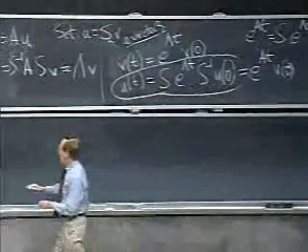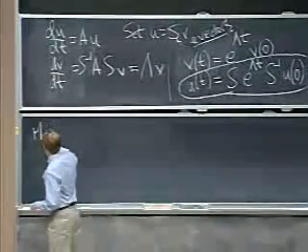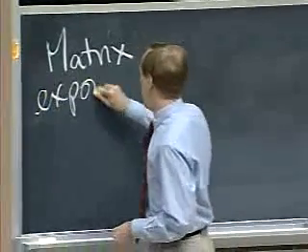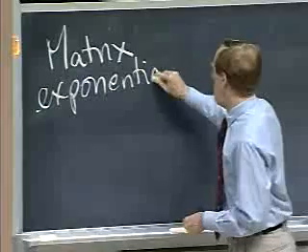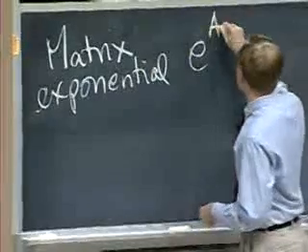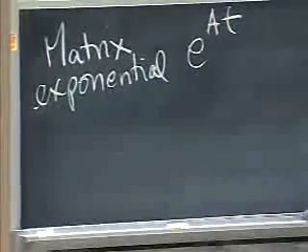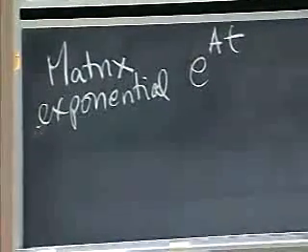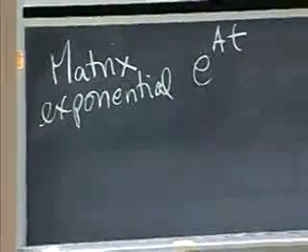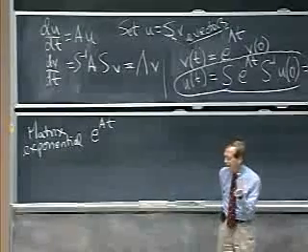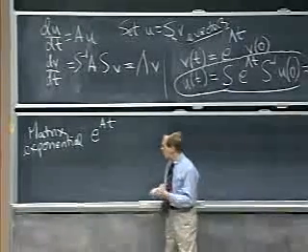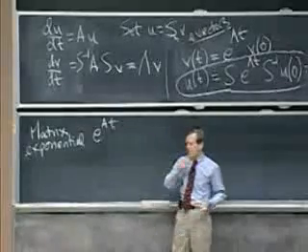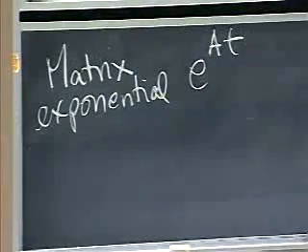Let me come back here. So I'm talking about matrix exponentials, e to the At. How are we going to define the exponential of something? The idea to go back to is the power series for exponentials.